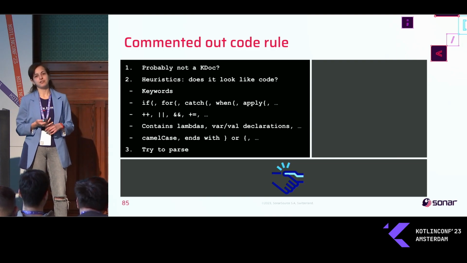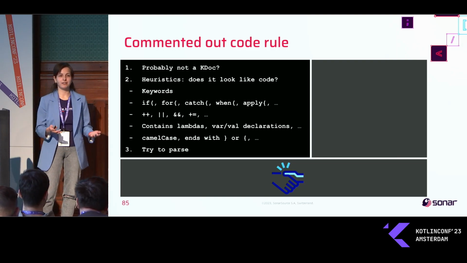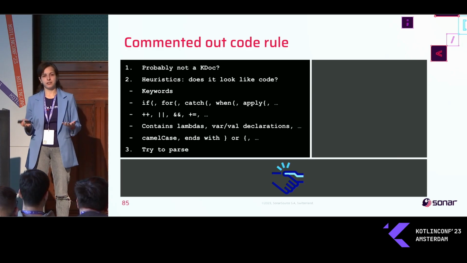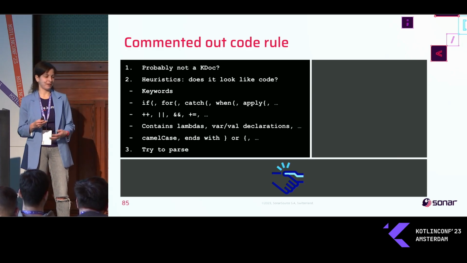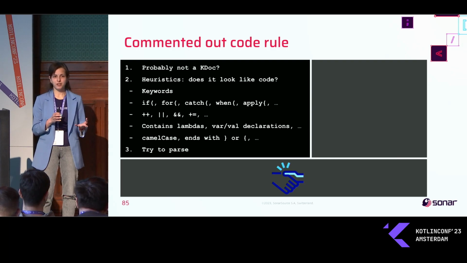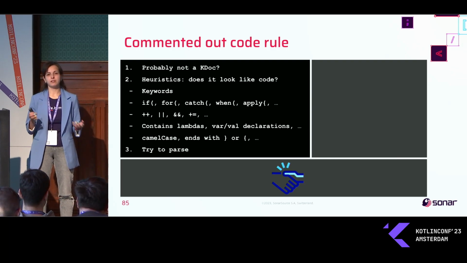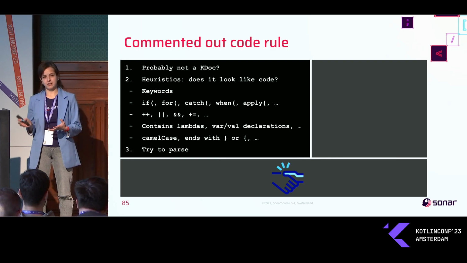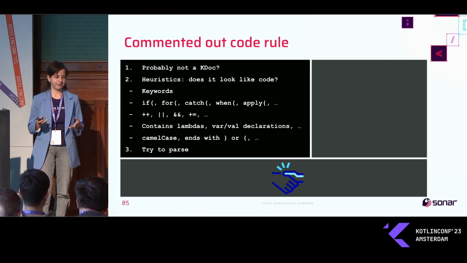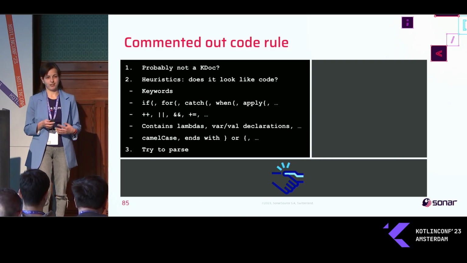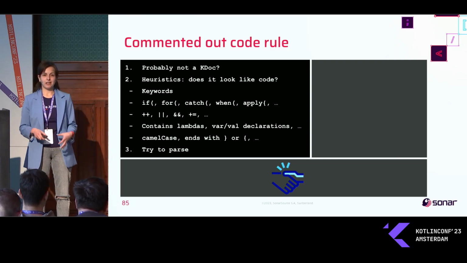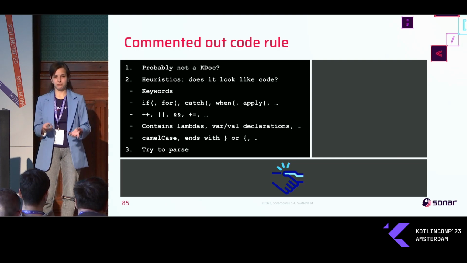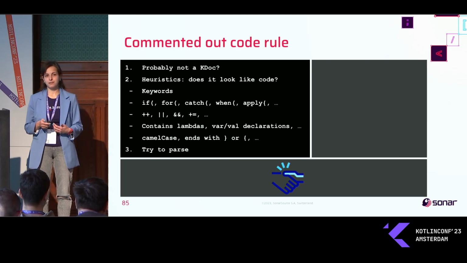So now, instead of parsing or compiling your comments, we introduced a heuristic algorithm. It's probabilistic, and we try to answer the question whether what you wrote in the comment looks like code. So we had some potential structures. We check if there is for, if, catch, or something. And then if the calculated probability of this being code is high enough, then we parse.